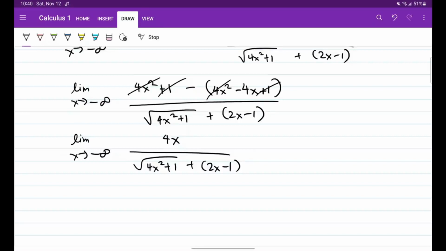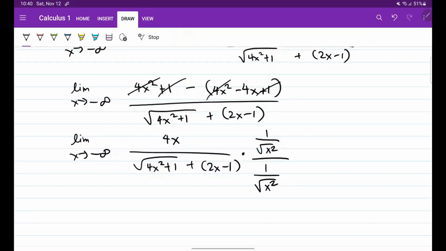So what we can do is multiply by 1 over square root of x squared to the numerator and the denominator. Why do we multiply by 1 over square root of x squared? Why not just 1 over x?